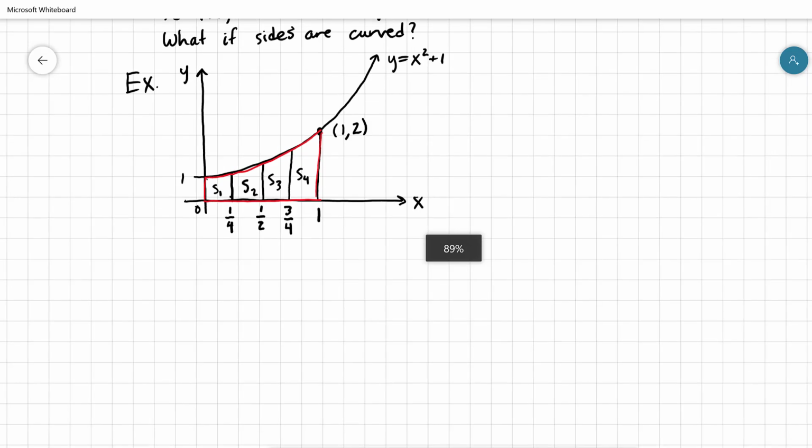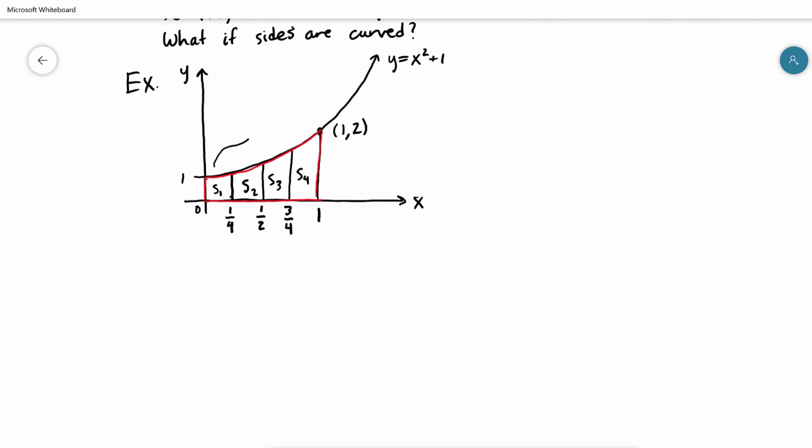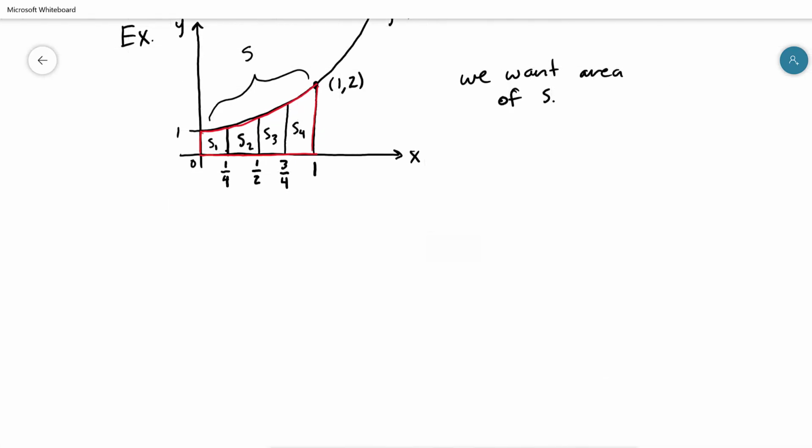So we want this area, that whole region S, and to find it, we're going to have several possible approximations.